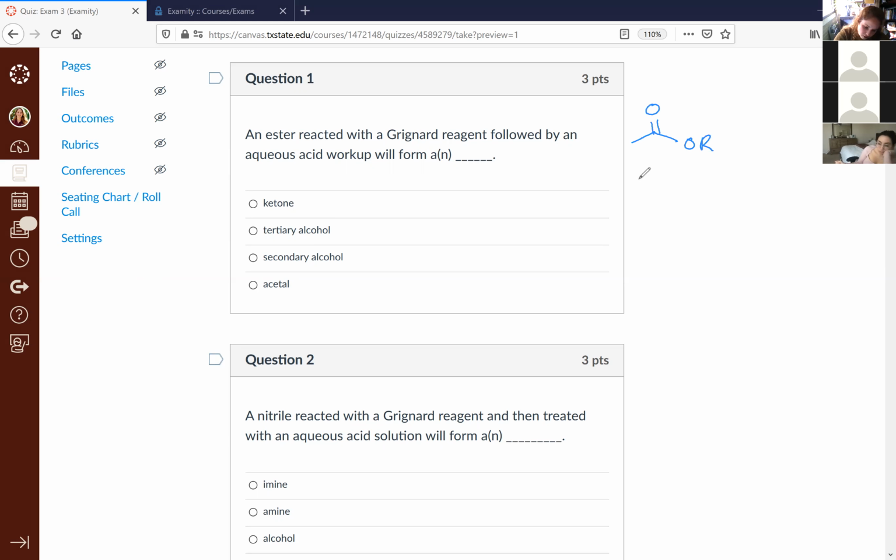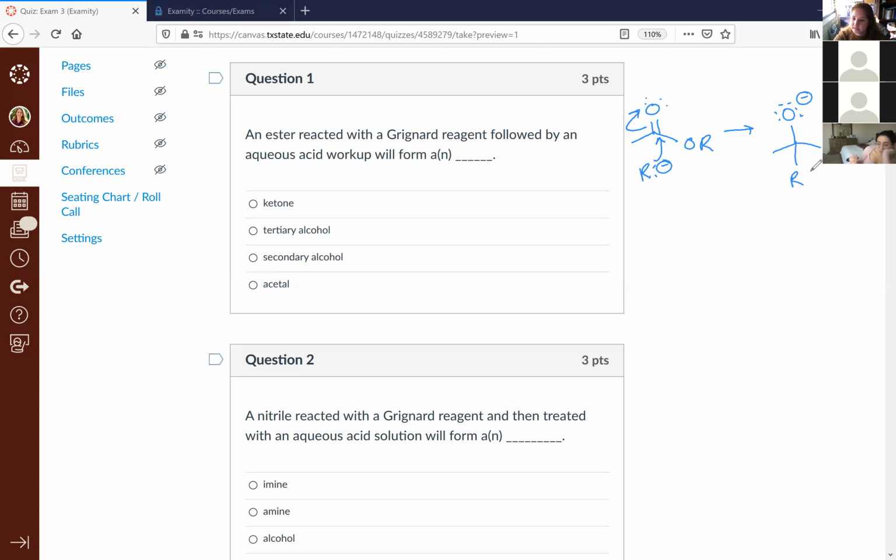And for the Grignard, it's easier to see if we use an alkyl group. The Grignard is going to attack the carbonyl, and that pushes the electrons up onto the oxygen. Then you have the negative charge on the oxygen, you have your OR group, you have your R group.